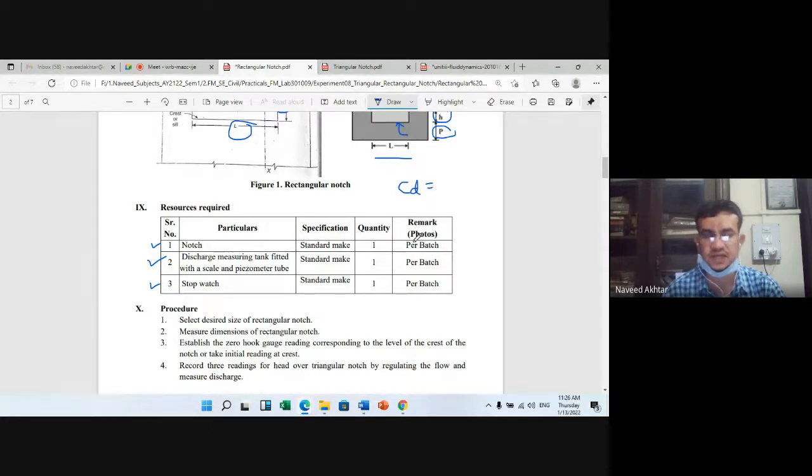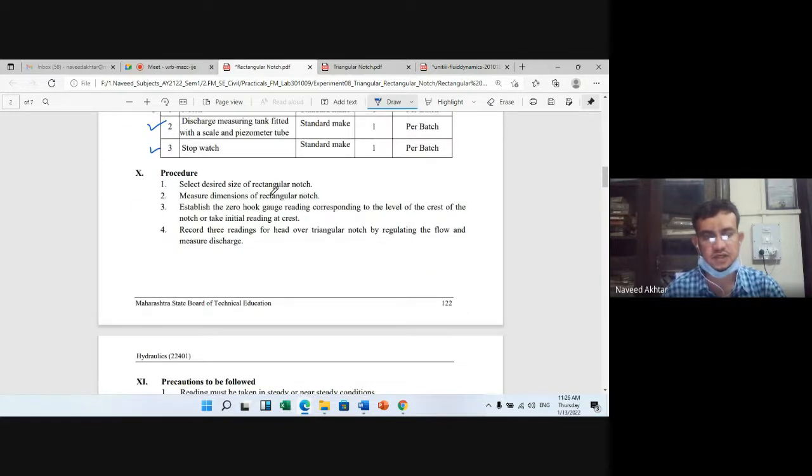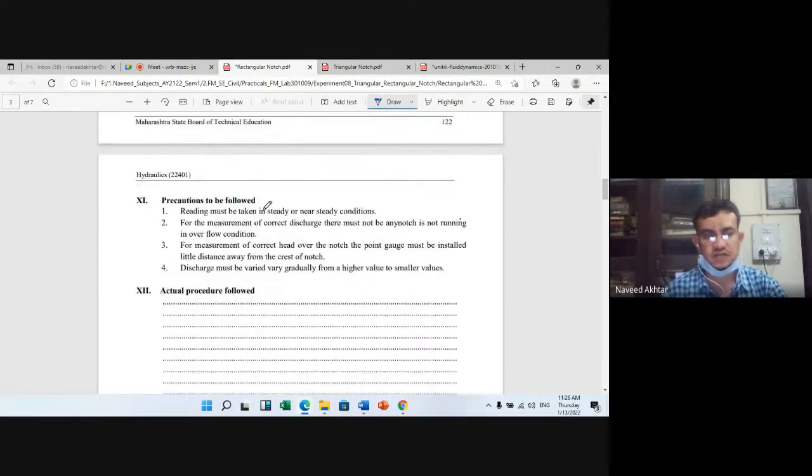Before this, we found it in the orifice meter and venturi meter. So you know that Q actual upon Q theoretical, sorry, Q actual upon Q theoretical, this is the coefficient of discharge.